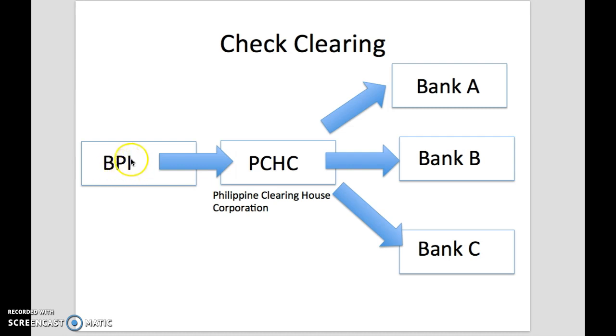And what happens here, since the check of Mr. A is not issued by BPI, BPI will send that to PCHC, the Philippine Clearinghouse, and the Philippine Clearinghouse will bring that to Bank A. Now, the check was issued by Bank A, so Bank A will have the record of Mr. A. And what Bank A will do is check Mr. A's savings account, see if he has enough money to fund the amount that he wrote in the check.